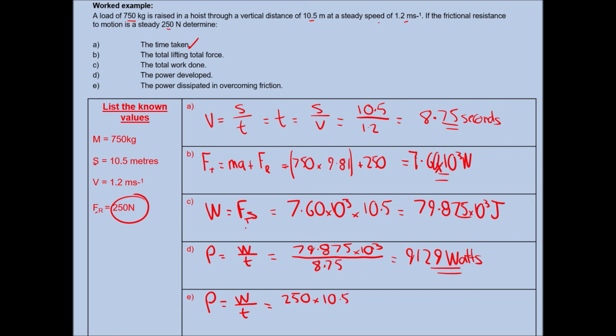Don't forget, work is force times distance. I'm going to divide that by the time, so we've got 8.75. It's going to equal 300 watts. So you can see there's a massive difference between the power required to keep this object moving and the power to get it to actually move.